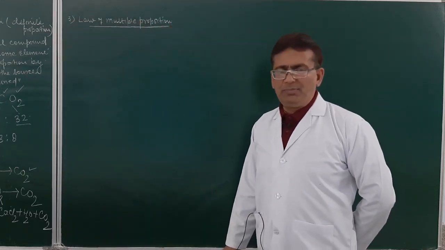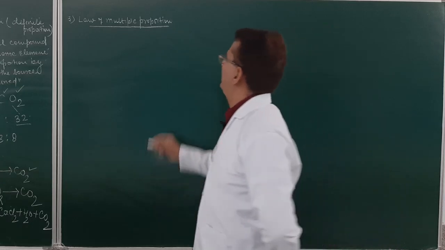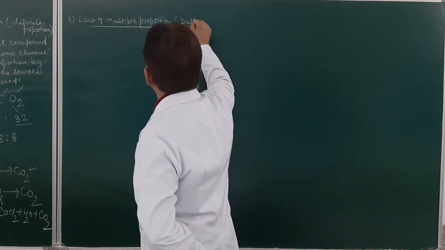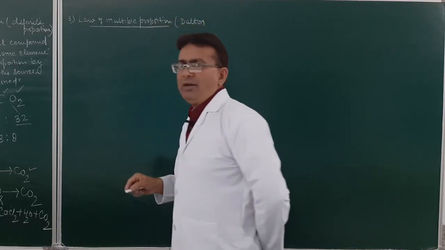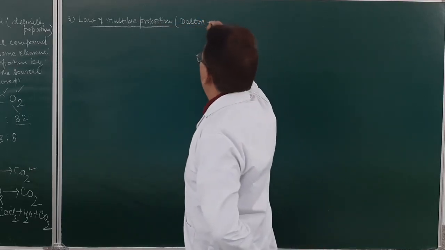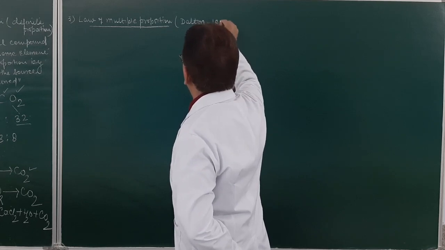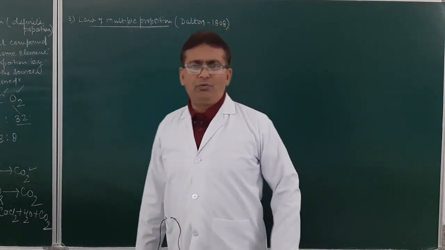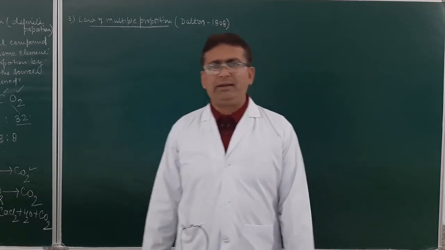This law of multiple proportion was given by the scientist Dalton. And when was it given? It was given in the year 1808. Now, what does the law say? Listen very carefully, student.